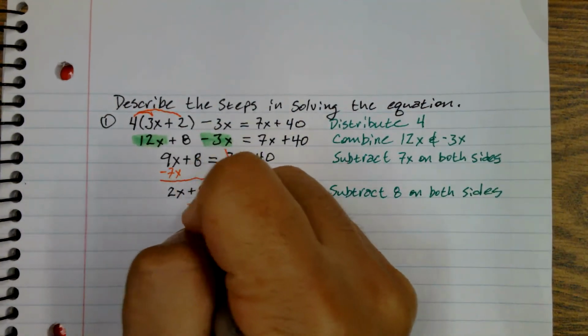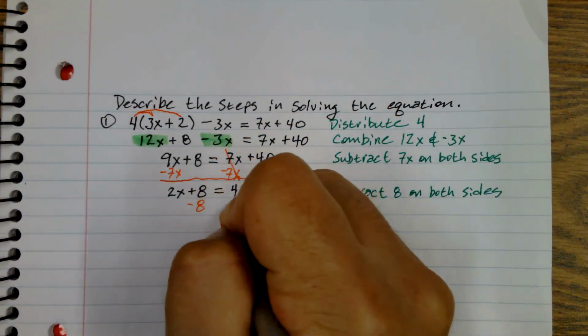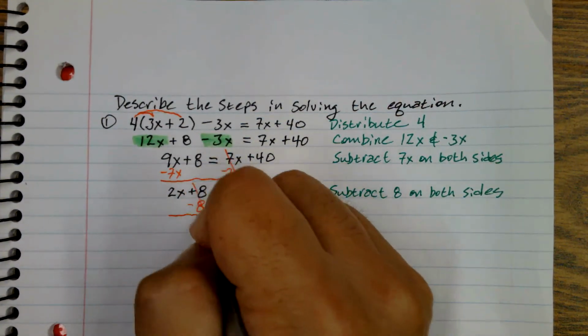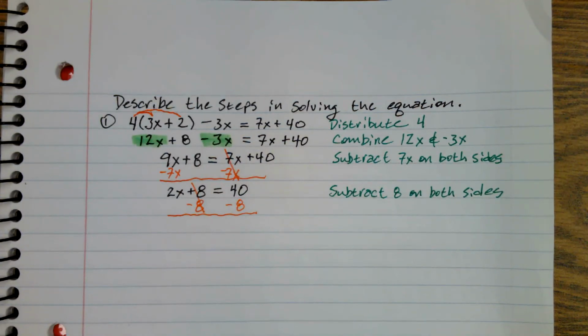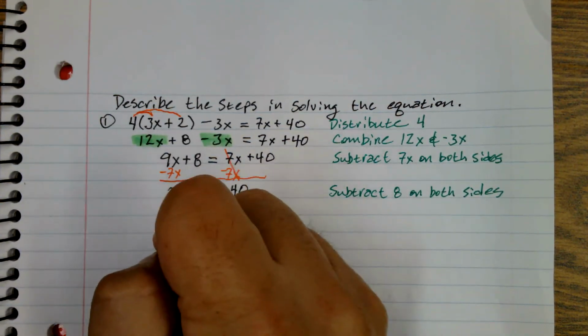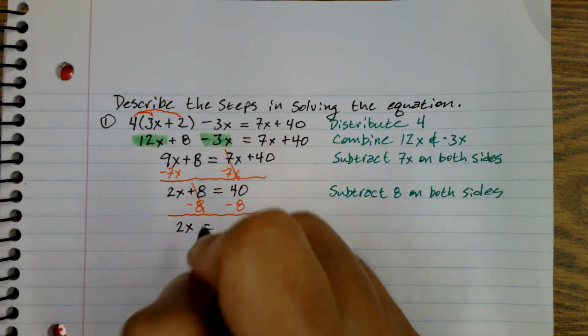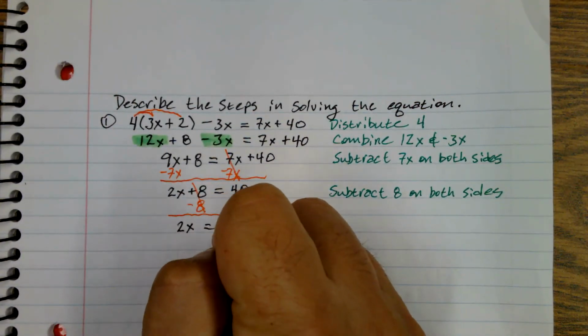Let's do that. And that gives us 2x equals 32.